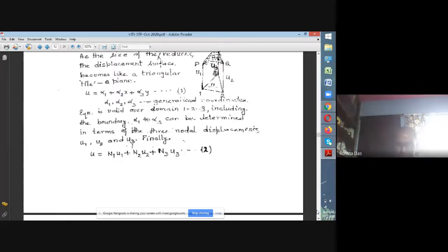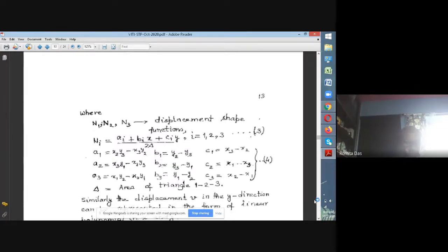They all have the same form: Ni equals (ai plus bi x plus ci y) divided by 2 delta. These constants ai, bi, ci depend on the corner node coordinates of the three vertices of the triangle 1, 2, 3, and they are given explicitly here.